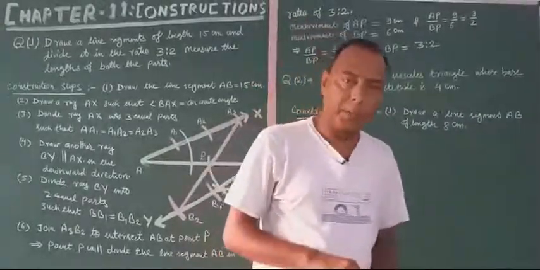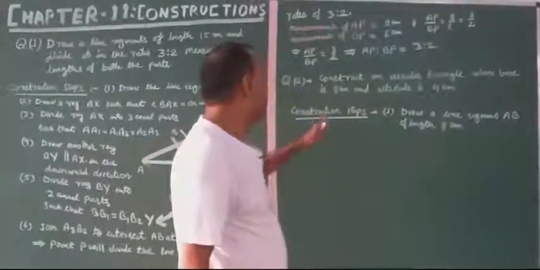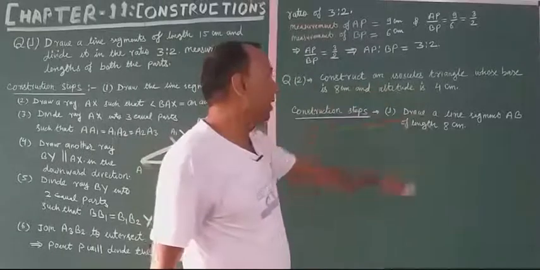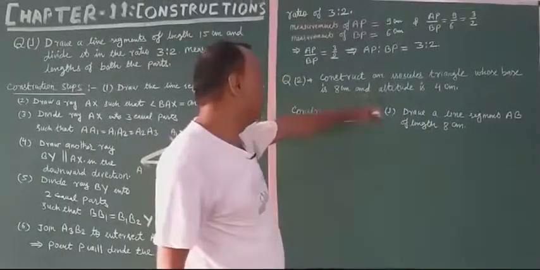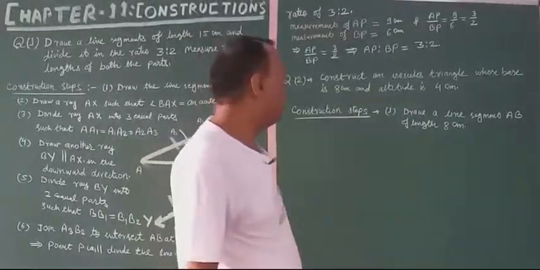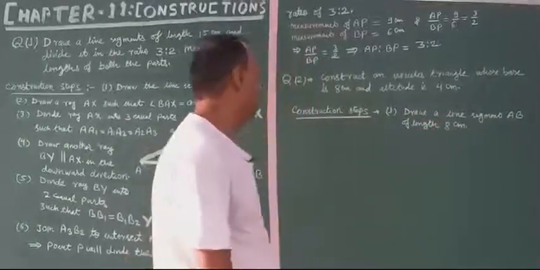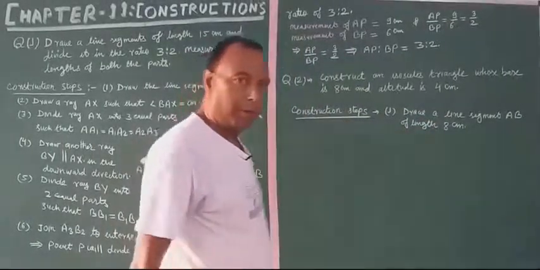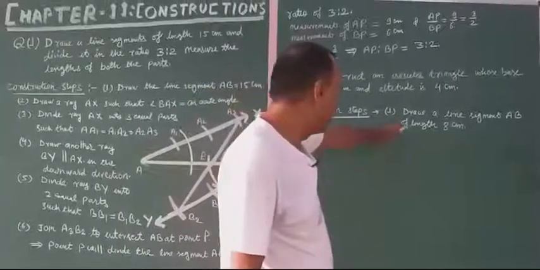Now this is question number 2. Construct an isosceles triangle whose base is 8 centimeter and altitude is 4 centimeter. So how will we construct this? This is step number 1.